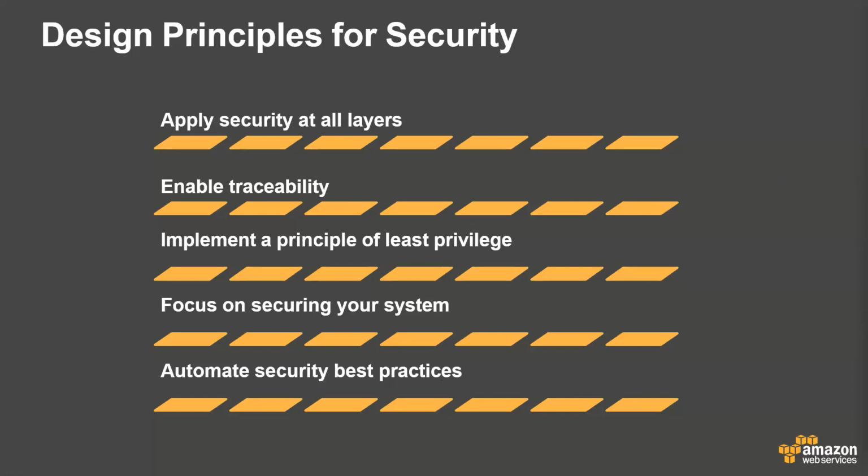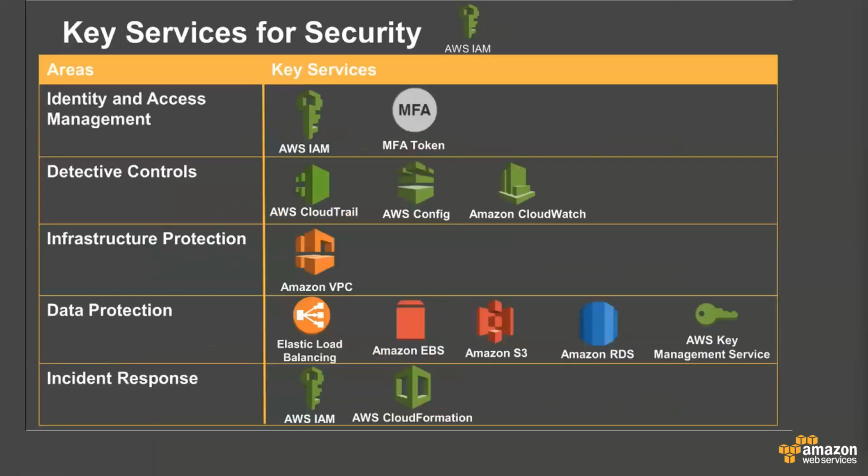And on the next slide, you're going to see what services can help us enhance security when it comes to having our workloads on the AWS cloud. So here we go. Now we have areas and key services. We'll start with identity and access management.